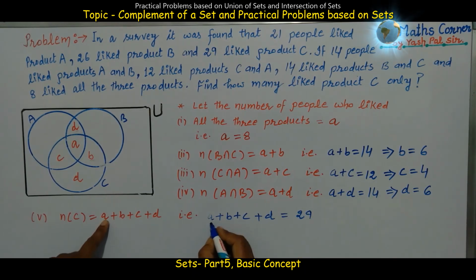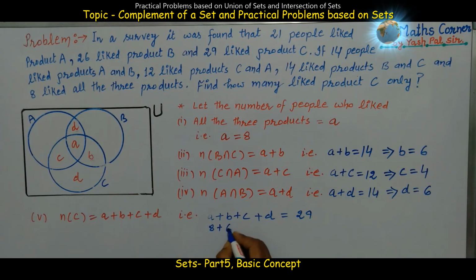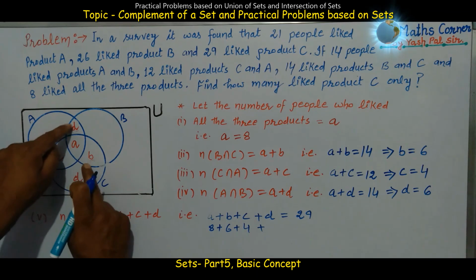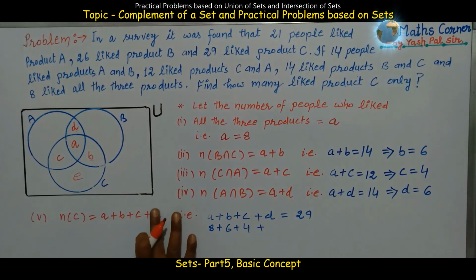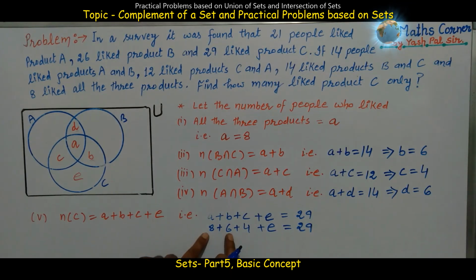Now what is A? A is 8, plus B is 6, plus C is 4. Sorry, since A, B, C, D are already used, we should write E in place of the remaining part. So 8 plus 6 plus 4, 6 plus 4 is 10, 10 plus 8 is 18, plus E is equal to 29.